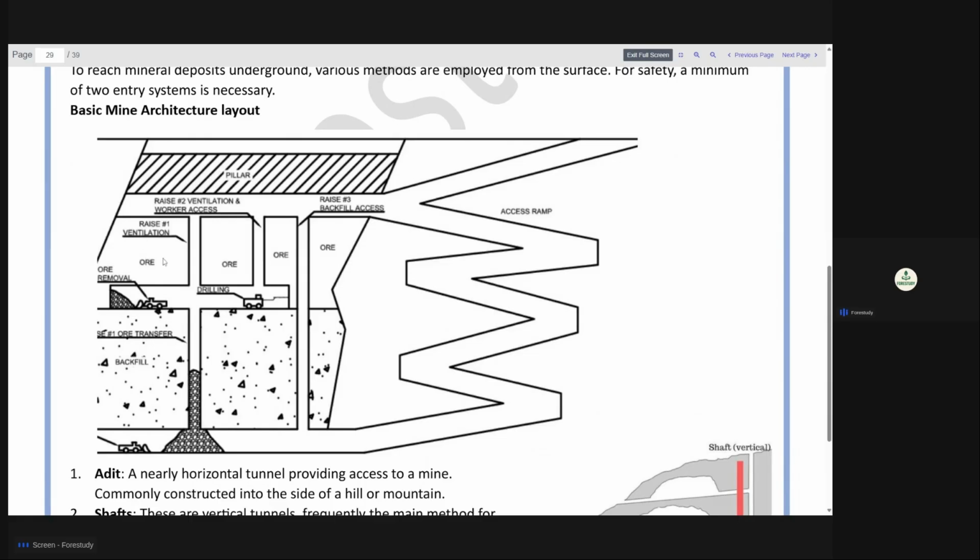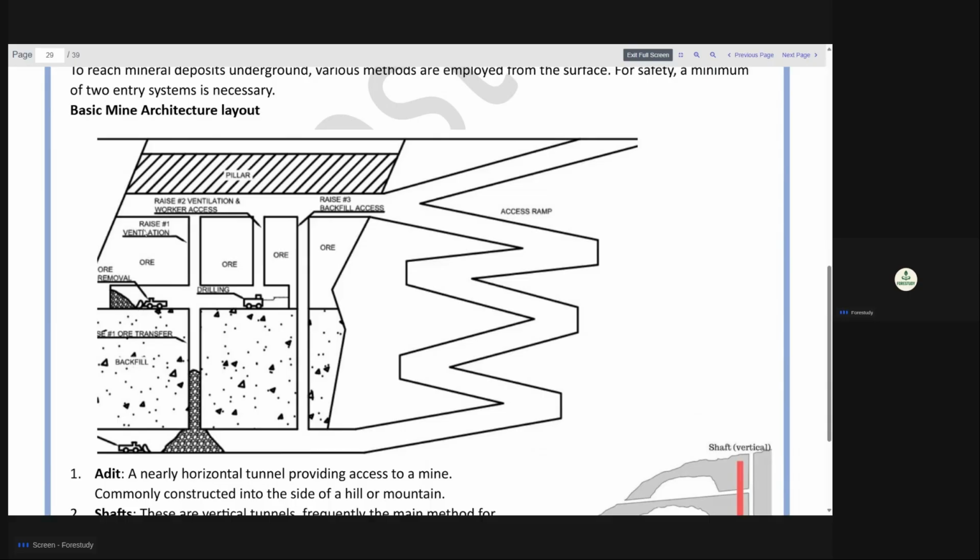Then we have ore. So these are the ore deposits which are actually getting extracted, and these are the small cart vehicles on which ores are extracted and taken away for transportation. And these are some of the machineries which actually cut and transport the ore rocks.